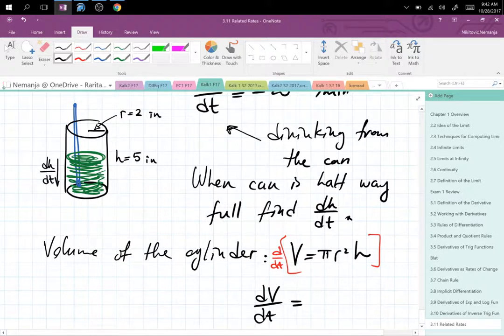Did someone just say 4? Why 2? R is constant. You see, the radius never changes here. R is constant. I'll write this in blood here.